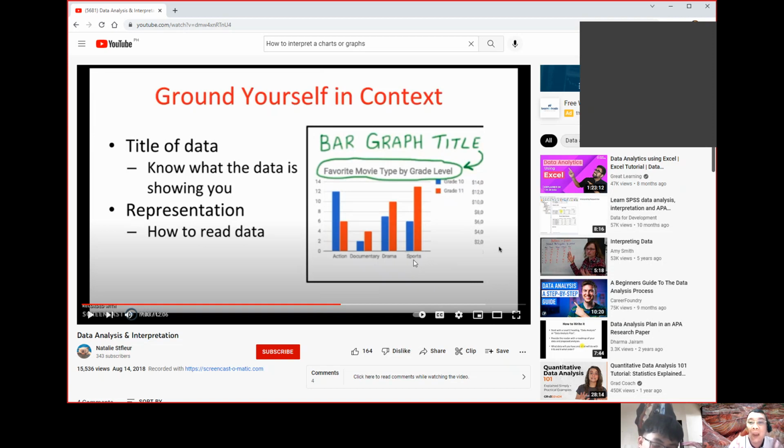So we are making two comparisons between the grade 10 and the grade 11.